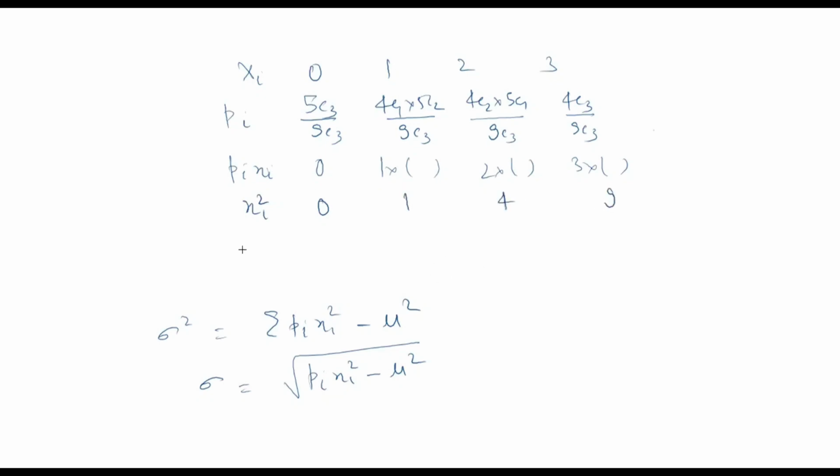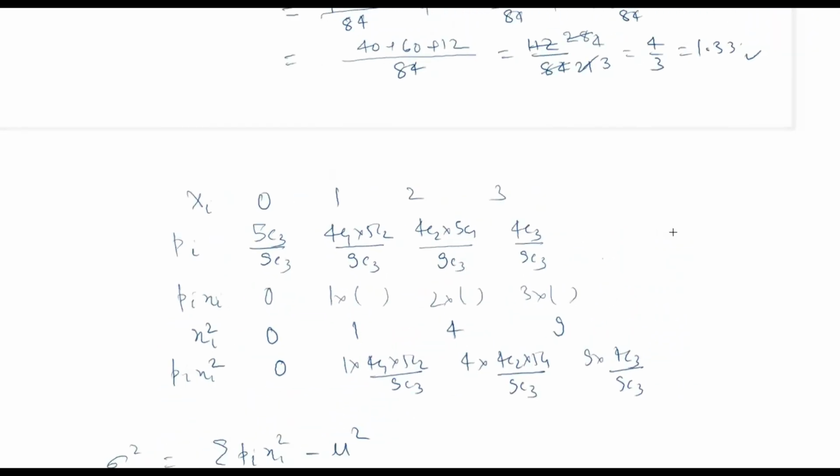And then I have to do pi xi square. The first part will be 0, this part will be 1 into 4C1 into 5C2 upon 9C3, this part will be 4 into 4C2 into 5C1 upon 9C3, and then 9 into 4C3 by 9C3.